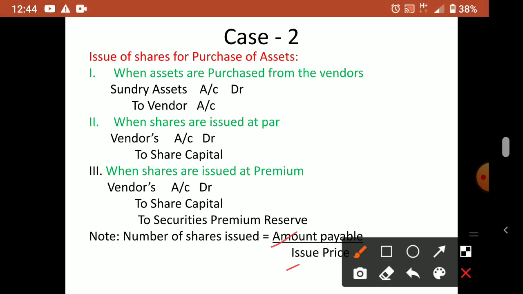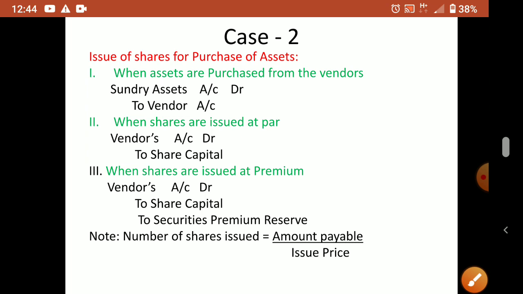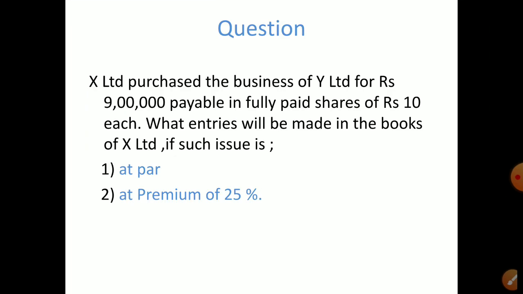Okay, in the par case no problem, if 9 lakh you have to pay, it will come 9 lakh only. But if it is at a premium, we have to calculate the number of shares issued. So for that the equation is amount payable by issue price. We'll discuss a question so you will understand it.